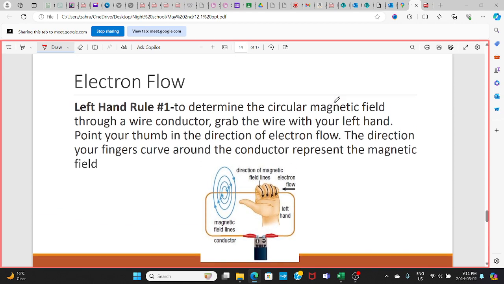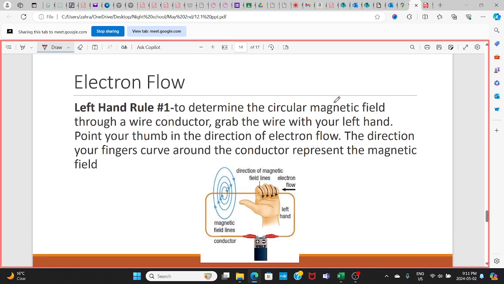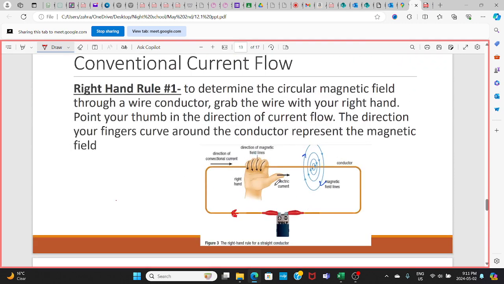Any further question? For the diagram of the right hand rule, it looks like the left hand is being used. Is it because when we do it, our palms are facing us?